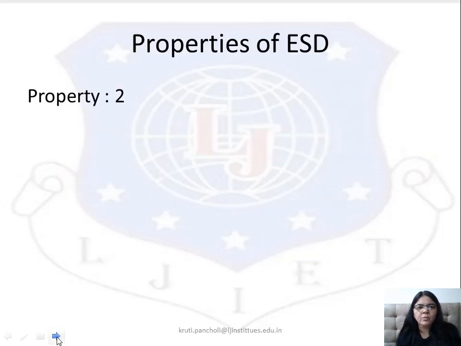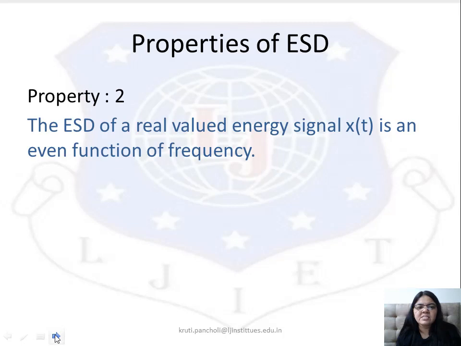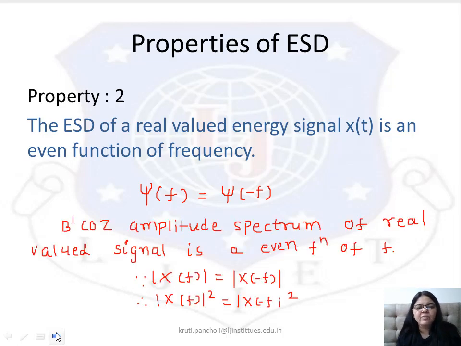Property number 2: the ESD of a real valued energy signal x(t) is an even function of frequency. It means whether you take the positive value of f or the negative value of f, the spectrum magnitude is the same for a real valued signal.